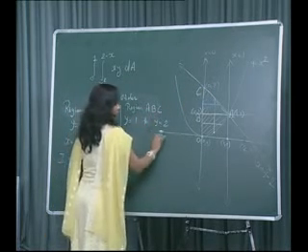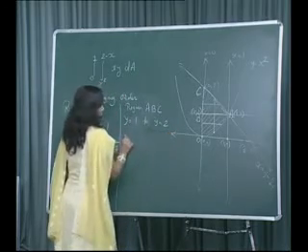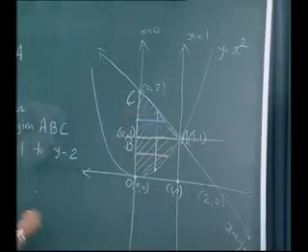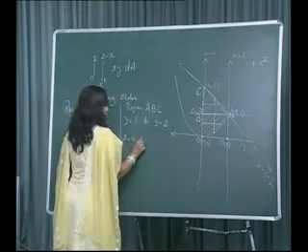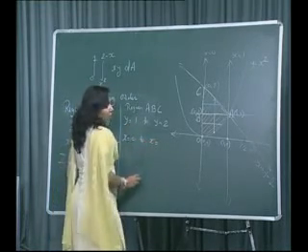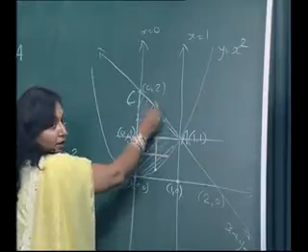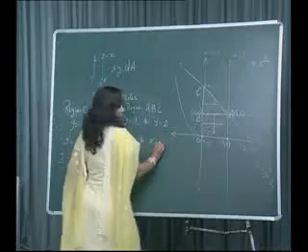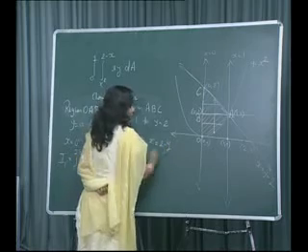Now x running from 0 to x equal to this line, and the line is x plus y equal to 2. So x is equal to 2 minus y.